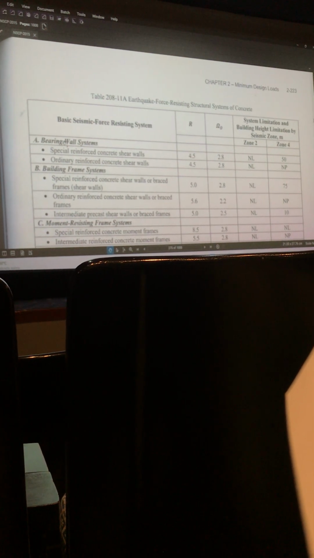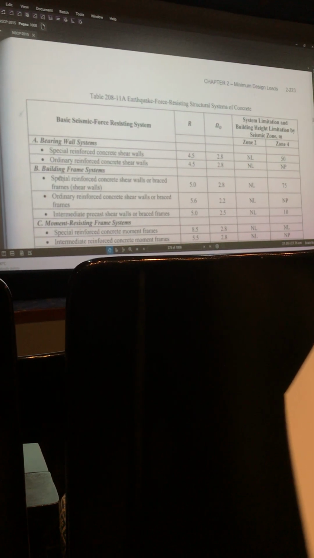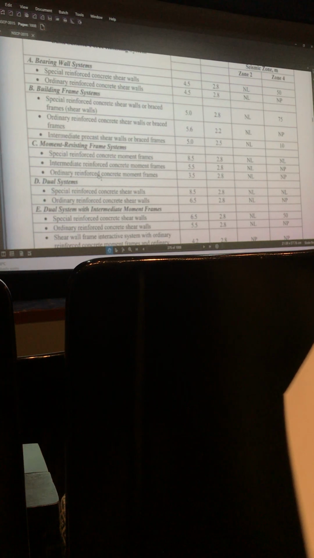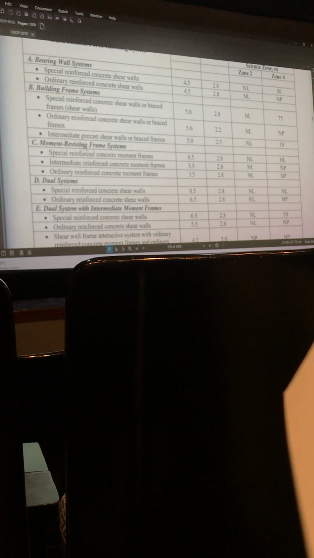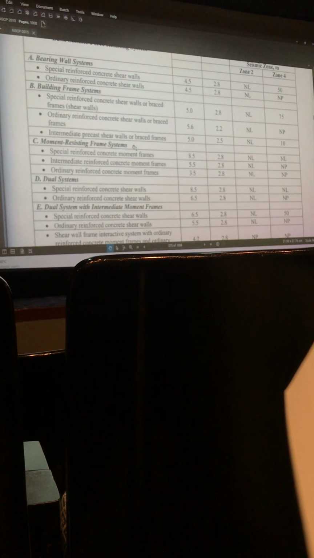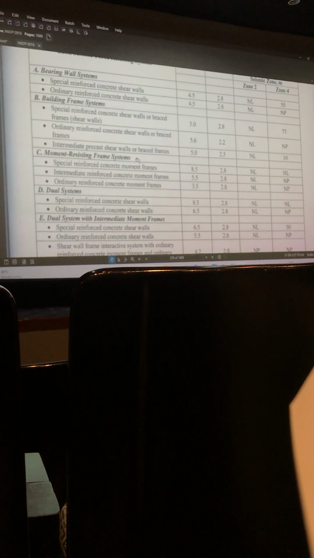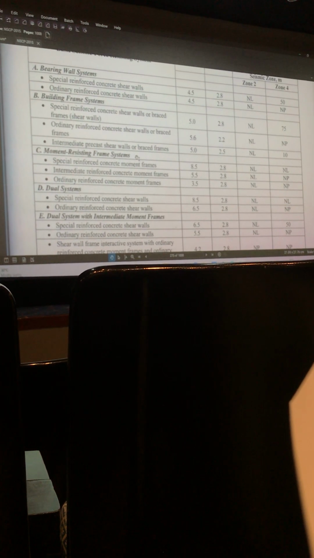So among the different types of seismic force system, we have the bearing wall system, the building frame system. But in our case, we have the moment resisting frame system, no? So the moment resisting frame is composed of columns and girders. So the lateral stiffness of the building is provided by frame action, no? The bending stiffness of the column and the girders.